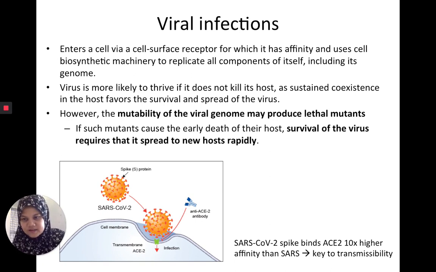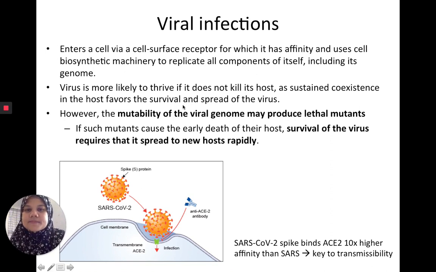It kills the cells, but if it can have a level of replication where it doesn't rapidly cause the host to die, it's much happier, because then it can be spread, and it can sustain generations of viruses. It's difficult to say, because they're not really living, and they don't have offspring, but they have multiple copies of themselves, right? So they actually want the host to survive, so that the host can spread the virus to others.